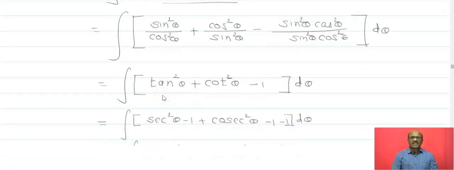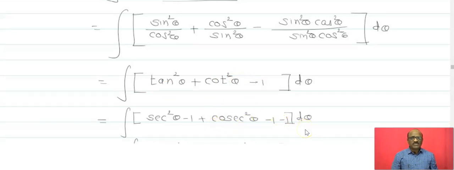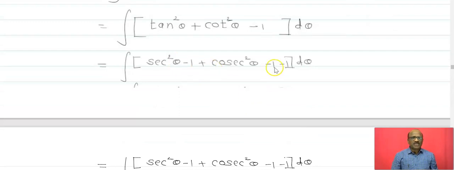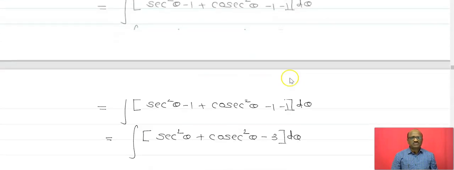But we cannot integrate tan square theta directly, and it can be written as sec square theta minus 1. And cot square theta is nothing but cosec square theta minus 1, and minus 1, d theta. Now here there is a minus 1 and minus 1 and minus 1, 3 times minus 1. It can be written as the integral of sec square theta minus 1 plus cosec square theta minus 1, overall minus 1, that is minus 3 d theta.